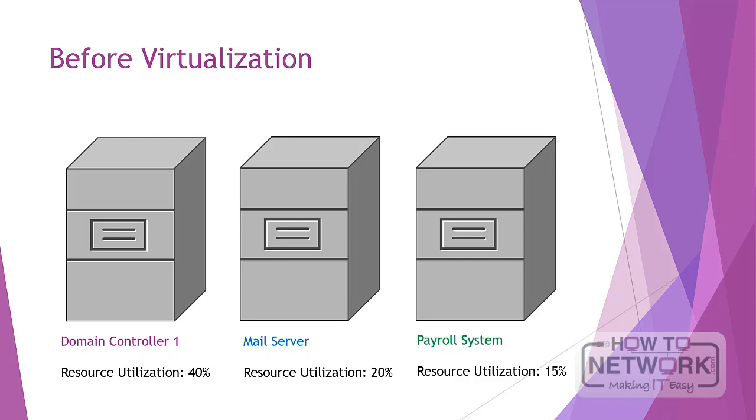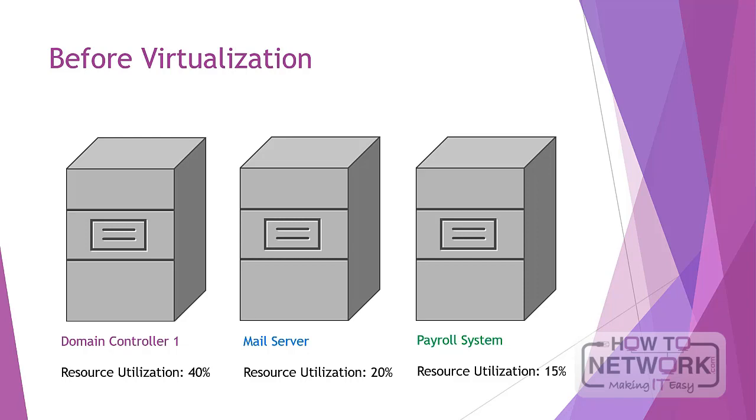I'm guessing by this point, you can see what I mean here. Before virtualization, hosting different servers or different applications in different servers was a waste of energy and money and chassis and a lot of things.